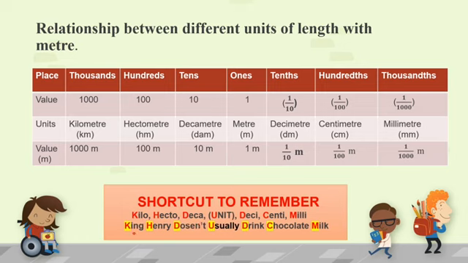So king, K, kilo; Henry, H, hecto; doesn't, D, deca; usually, which is your standard unit, base unit, meter over here; drink, D, deci; chocolate, C, centi; milk, M, milli. So King Henry doesn't usually drink chocolate milk: kilo, hecto, deca, unit, deci, centi, milli.